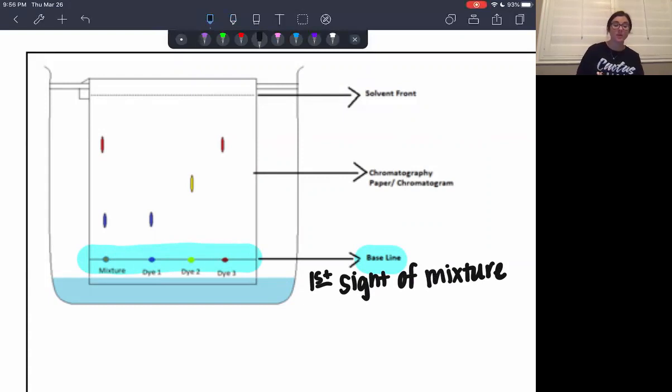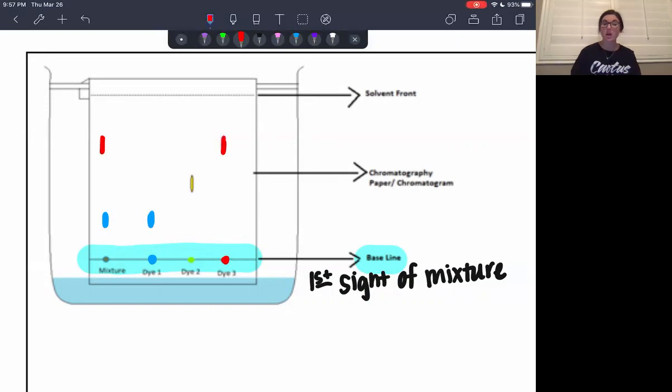Now, as the components start to separate, we're going to see properties of those components. So this is showing an example of a mixture that's got different dyes in it. We've got dye 1, dye 2, and dye 3. I'm going to color in the same color that they have. Dye 1 is blue. I can see where dye 1 is because, first of all, it's the same color and it's the same distance away from the baseline. I can see where dye 3 is because it's red.